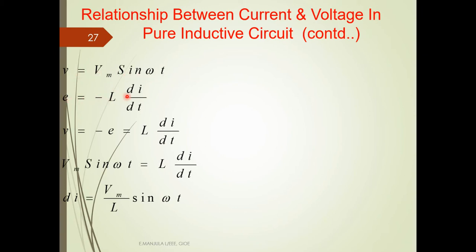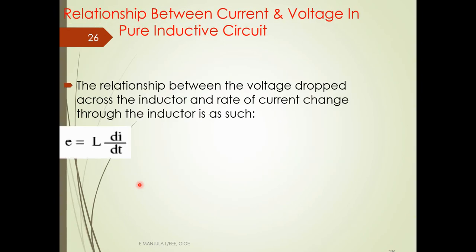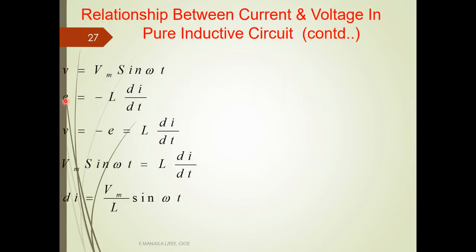E is equal to minus L into di by dt. We know that V is equal to minus E, which is equal to L into di by dt. So V maximum sin omega t is equal to L into di by dt.